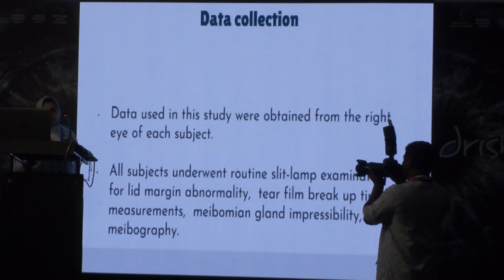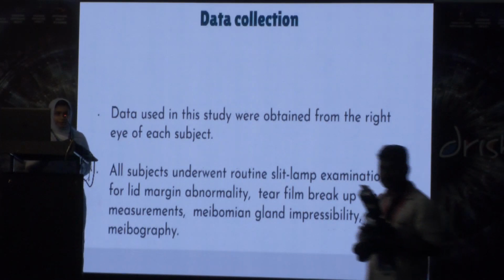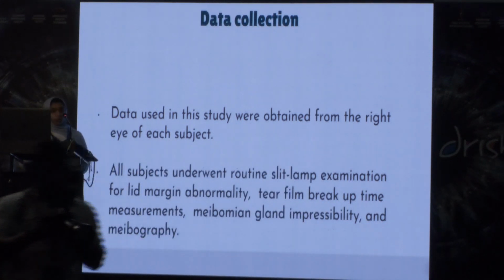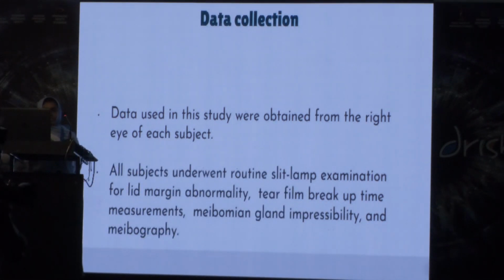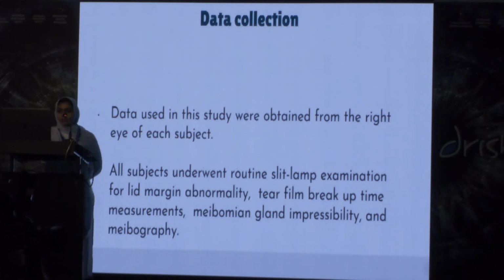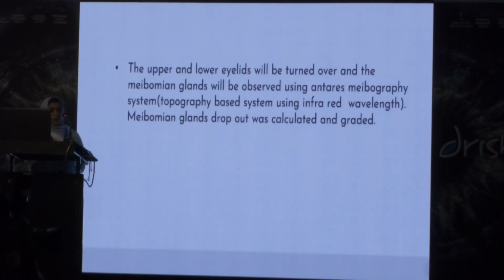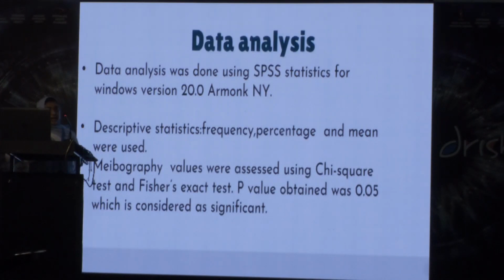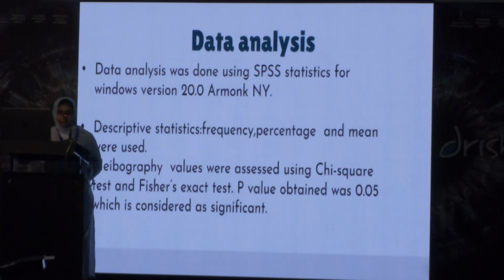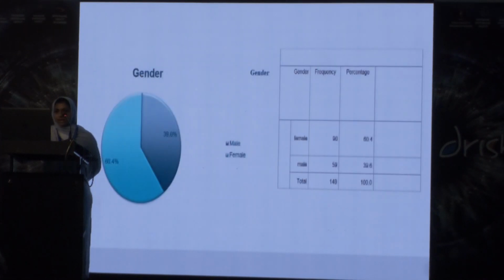The data used in the study were obtained from the right eye of the patients, and they underwent routine slit lamp examination, any lid margin abnormality, tear film breakup time, meibomian gland expressibility and meibography. The upper and lower lids both were turned over and looked. For data analysis, we used SPSS statistics 20 and descriptive study, that is frequency, percentage, mean, and also compared.